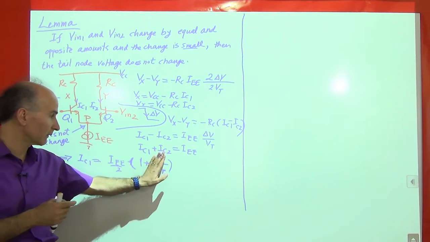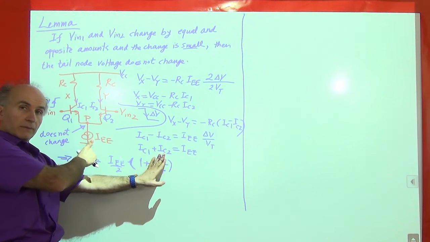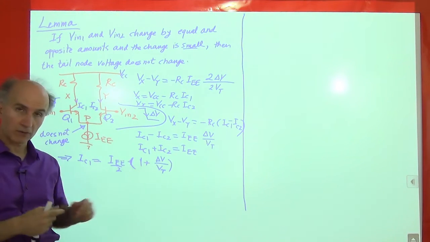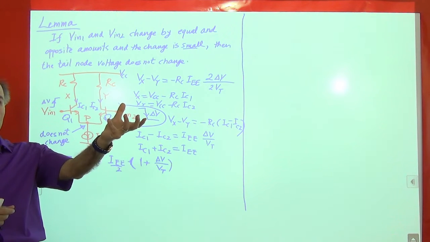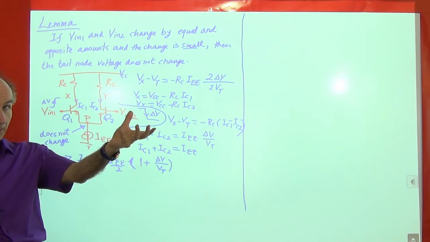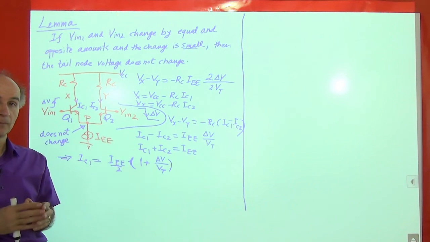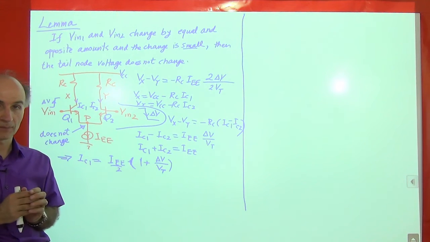Before we applied delta V, the current was IEE over 2 because each of them had IEE over 2. Now that we apply the change, it changed by this much. All right, so I have a bipolar transistor, presumably in active region, and its collector current changed by some amount. The question is, what is the change in the base emitter voltage?